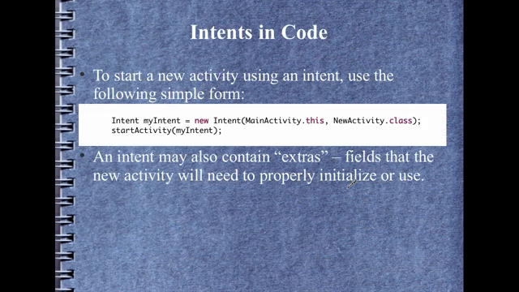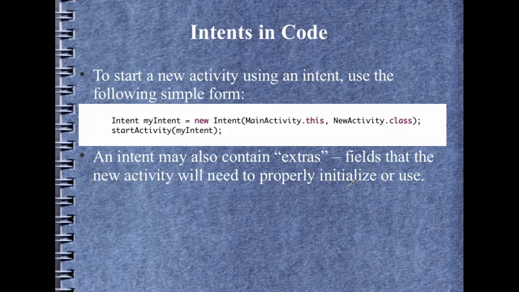Intents sound a little formidable, but actually they're very simple. To start a new activity using an intent, use the following form. So we declare an intent, and here we're declaring an object called myIntent that is of type intent. We say new intent, and we have the intent constructor, and intent has many forms of constructor, but the simplest one is the activity we are coming from and the activity we are going to.